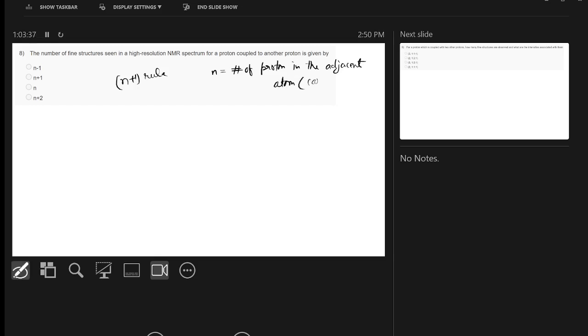We will say carbon here for an organic molecule. You will see it in detail. This is the fundamental of spectroscopy. So that's why you are considering adjacent only. You will have different couplings, double coupling, and then in cyclohexane you will see coupling with the second, third atom. Those things I am not discussing here. Okay.